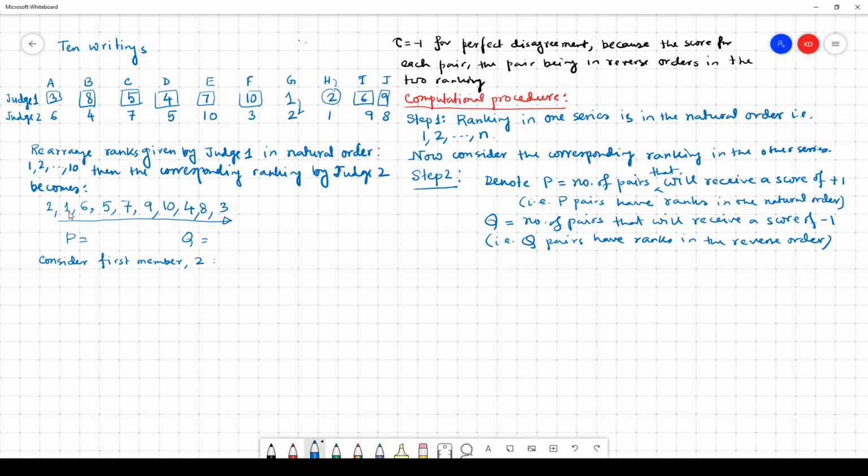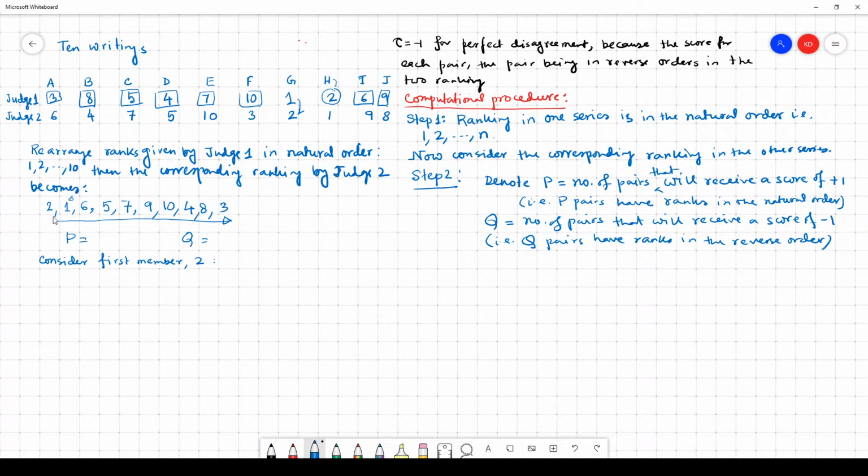If the first member is 2, automatically there are 9 members on the right hand side of this 2, and only one member below 2. I think you all agree with me. So above 2 means plus sign, and below 2 means minus sign correspondingly.